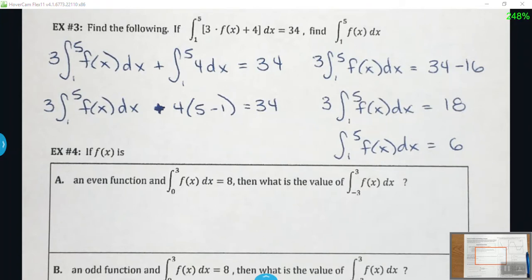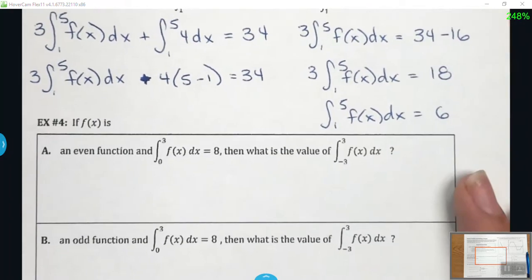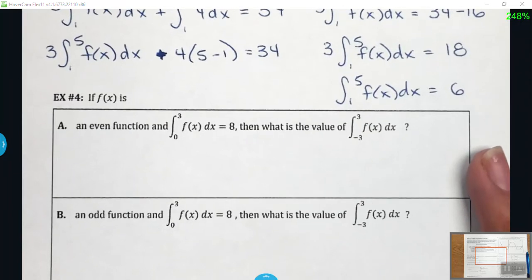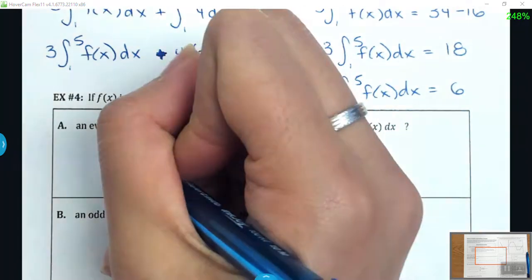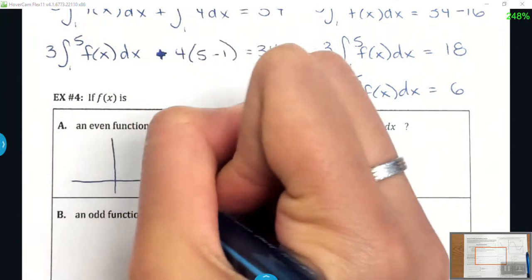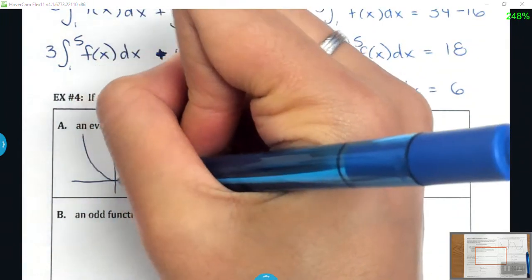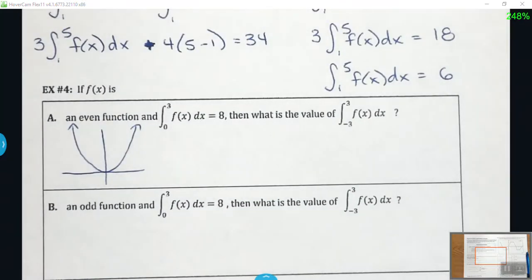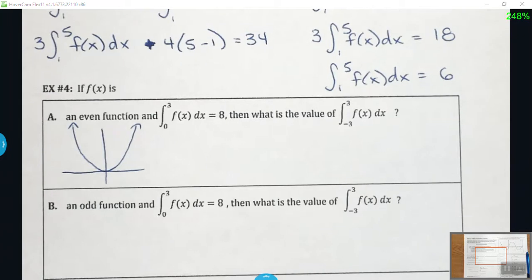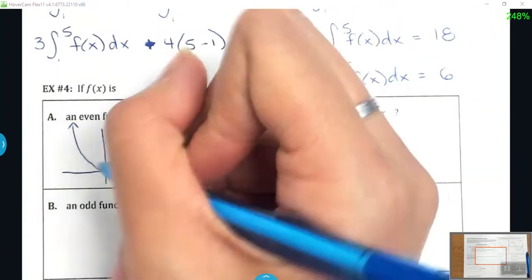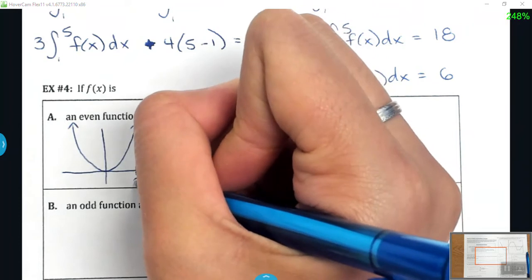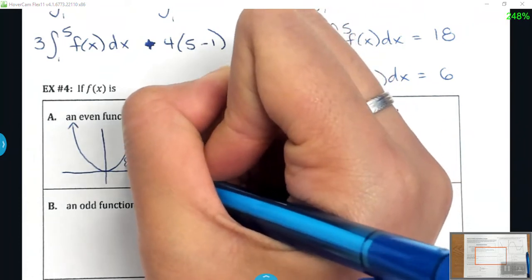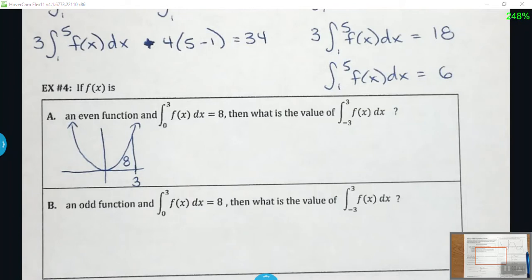Give me an example of an even function. Y equals x squared. So if you know the area from 0 to 3 is 8, even functions are symmetric over the y-axis.